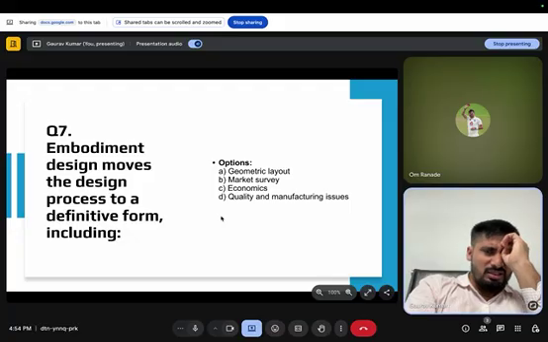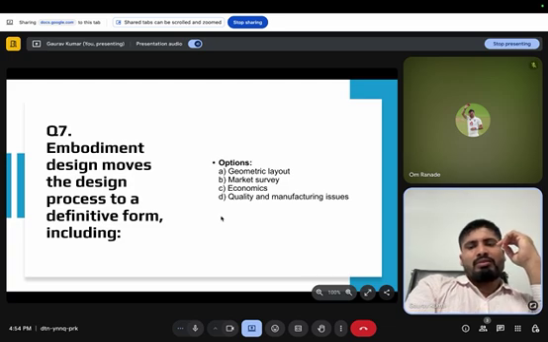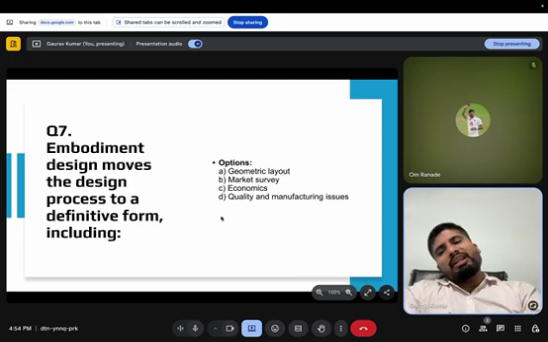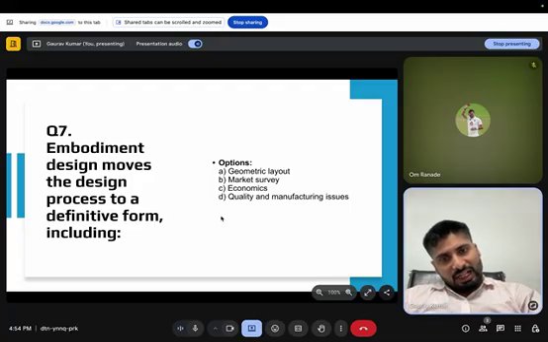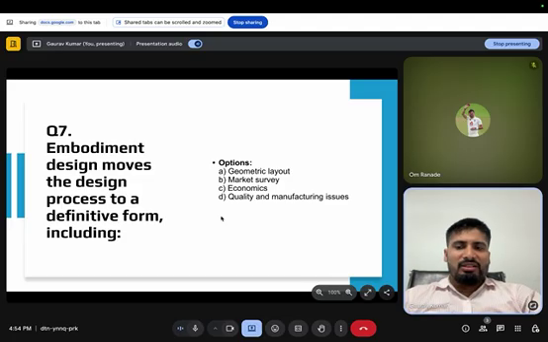It's not correct. Okay, anyway, so basically geometric layout, economics, and quality and manufacturing issues are the right answer for this question.